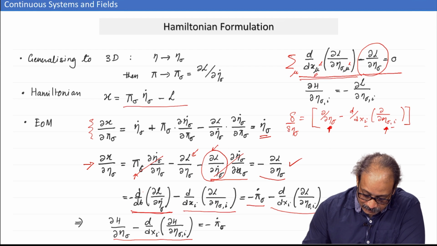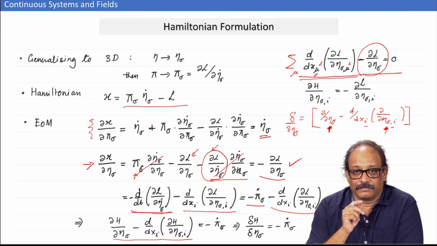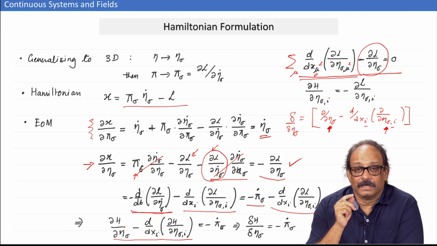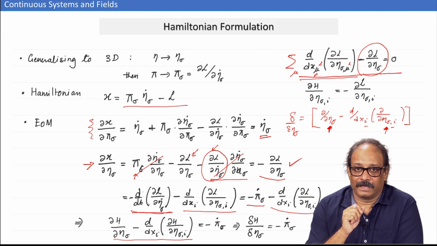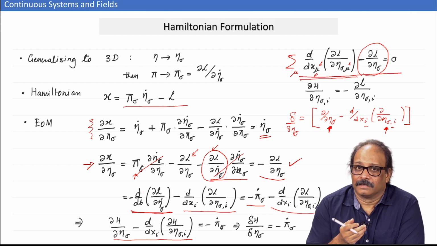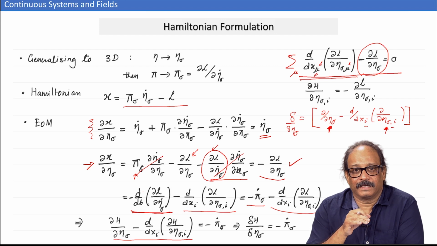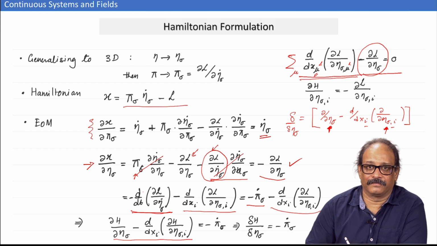So, now I can write the functional derivative of h with respect to eta sigma is minus pi sigma dot. Fine. Now, in this form, it does look like the discrete system equations, but does it have any more advantage? Probably not. Apart from making these equations look nice, the functional derivative has no particular significance in this Hamiltonian formulation.